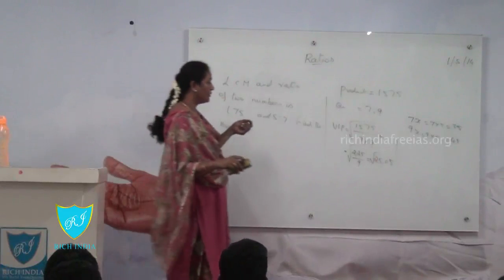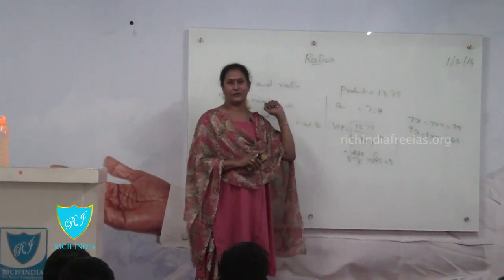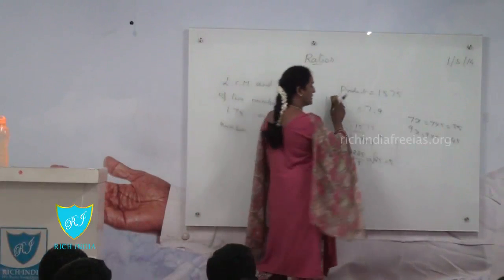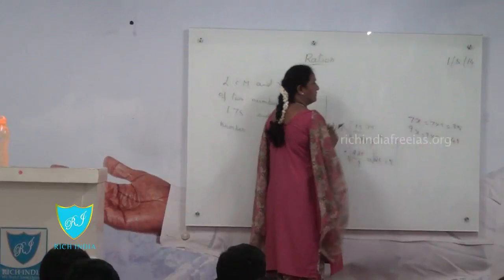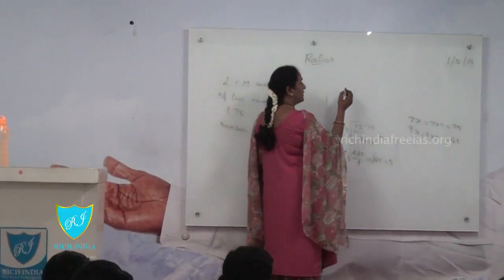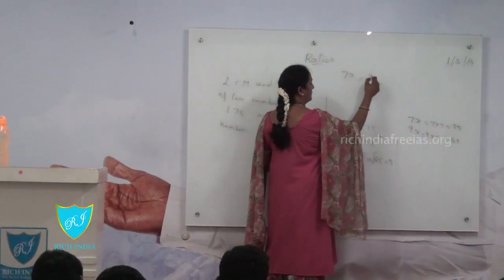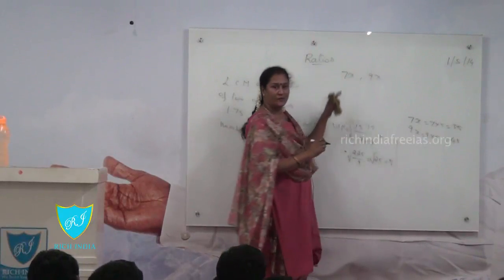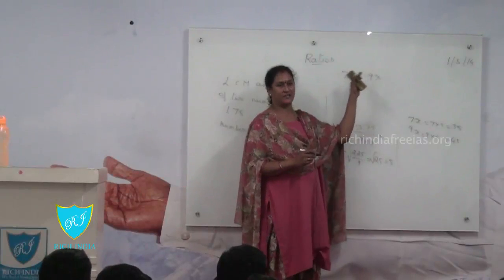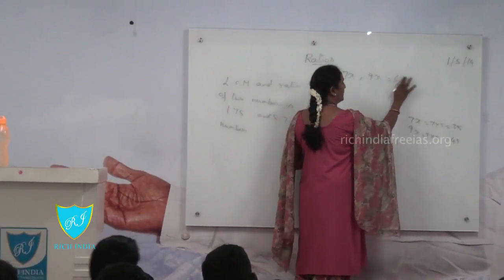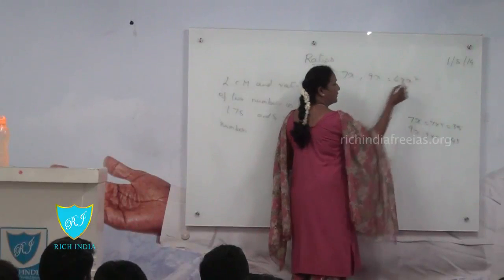If the product is given, do product by product of ratio and you get the value of one part. But when LCM is given, suppose we take two numbers, in the product we multiply 7 and 9, x and x. So 63x square, and for the value of one part you find the square root.